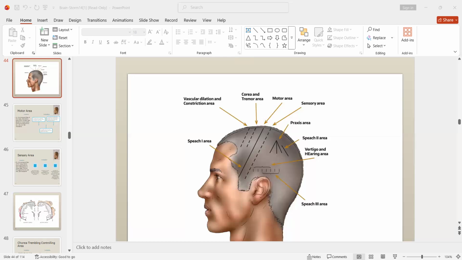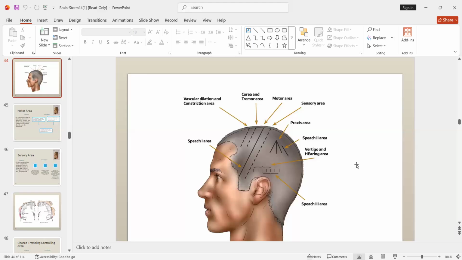Now, this is the important area in this picture. All the areas are very important. Then, can anyone describe all these areas? Anyone who wants to learn and speak on these areas and tell about them?